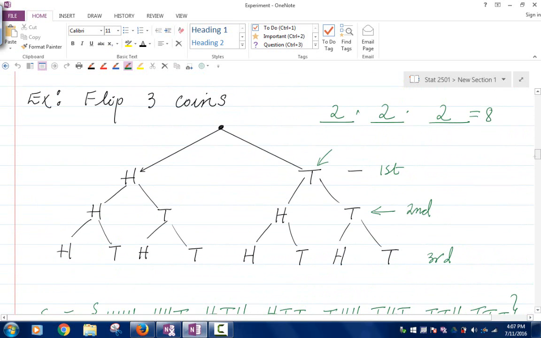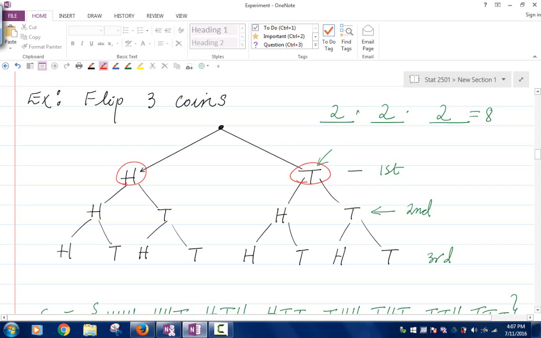So if I am flipping 3 coins, then from the first flip I can get a head or a tail, and let's say from the first flip I get a head.